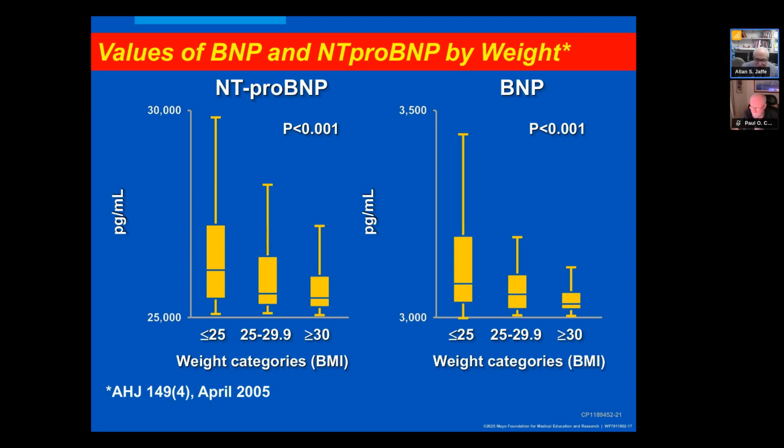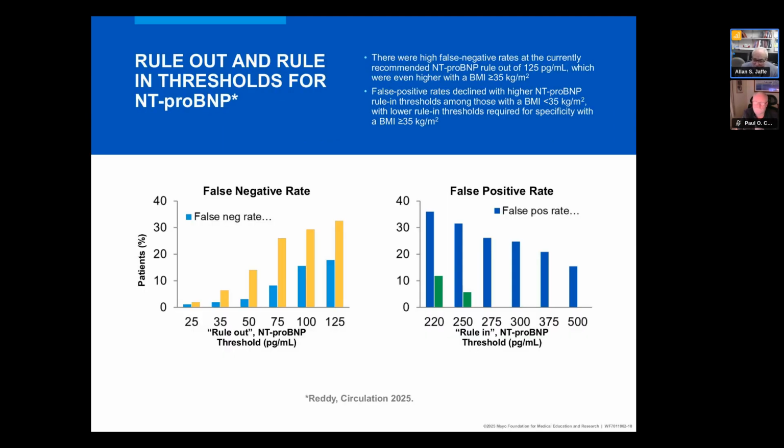Because of this effect predominantly, if one looks at a recent publication for ruling out heart failure in patients who have possible HFpEF, who have gone to the cath lab. So this was a very highly selected population, but you can see the rule out thresholds have to be very, very low before you really are sure that you have ruled out.